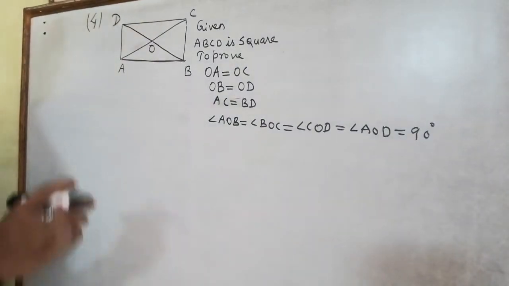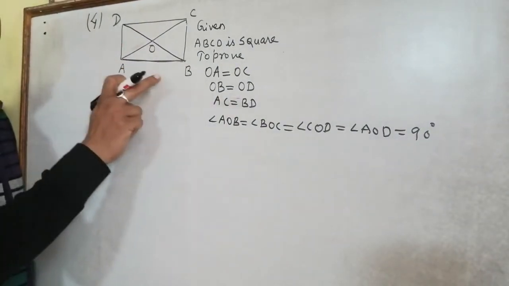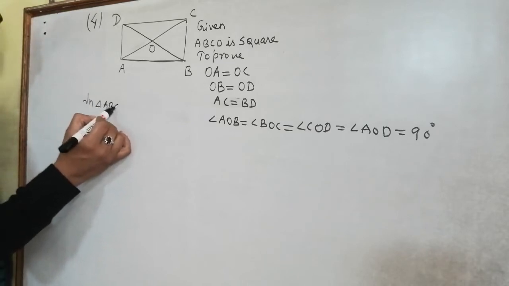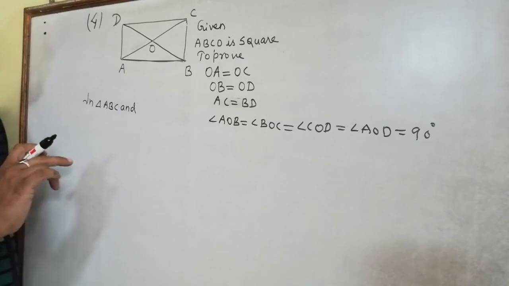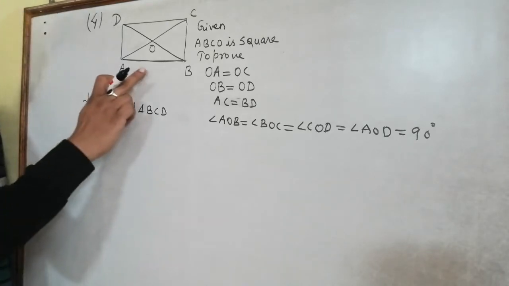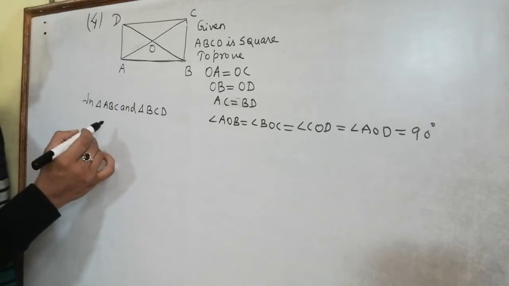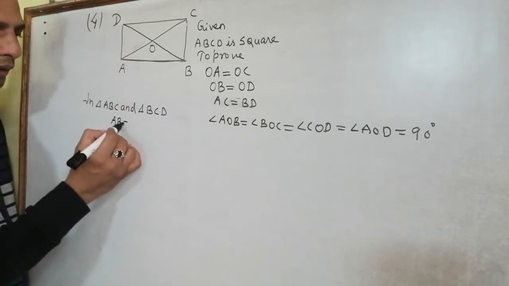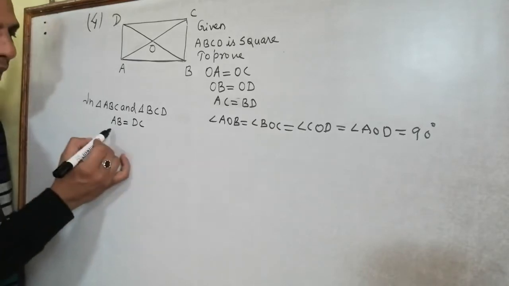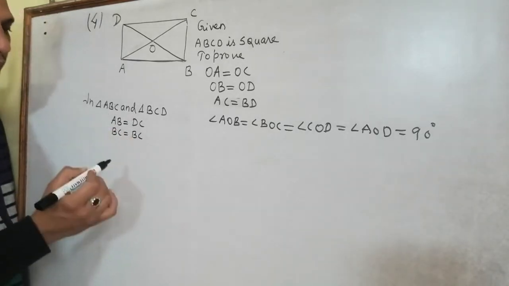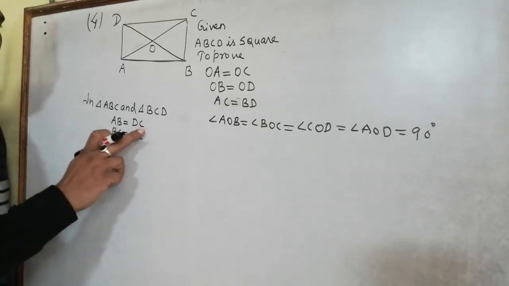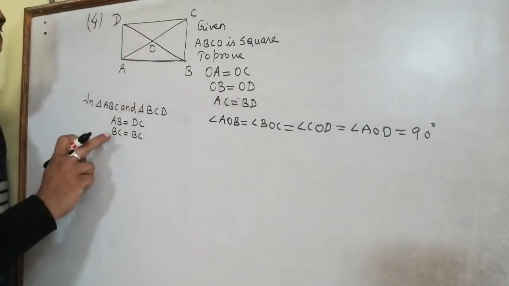For that we will take triangle ABC and triangle DCB. In triangles ABC and DCB, AB is equal to DC because opposite sides of a parallelogram are equal, and BC is common.